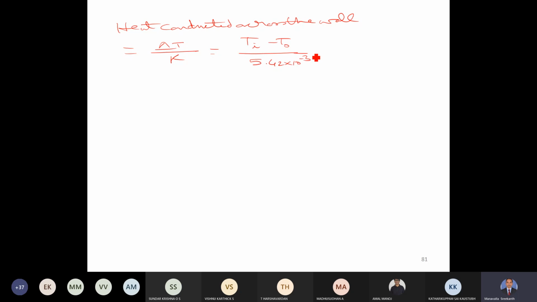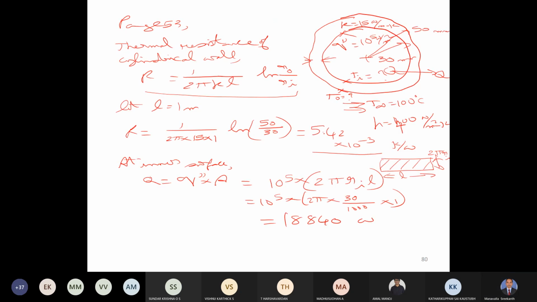Now, what is the value of heat conducted across the wall? We have calculated that. See, this is the heat flux applied on the inner wall. So the heat transferring from the inner wall into this material will be same as the heat conducted across the wall.